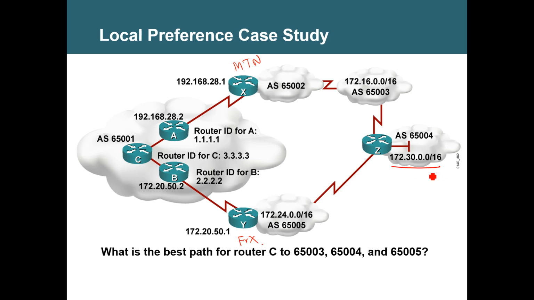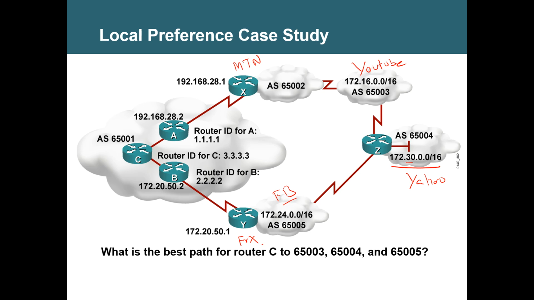To reach 172.30, let's call it Yahoo, 172.24 Facebook, and 172.16 YouTube. So only to go to YouTube, my autonomous system uses MTN Global. The reason is shortest AS path.